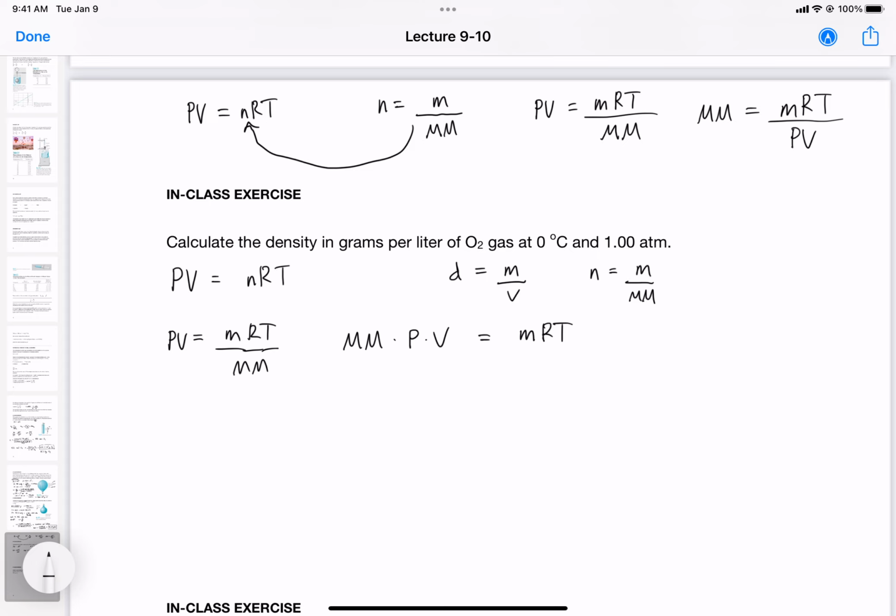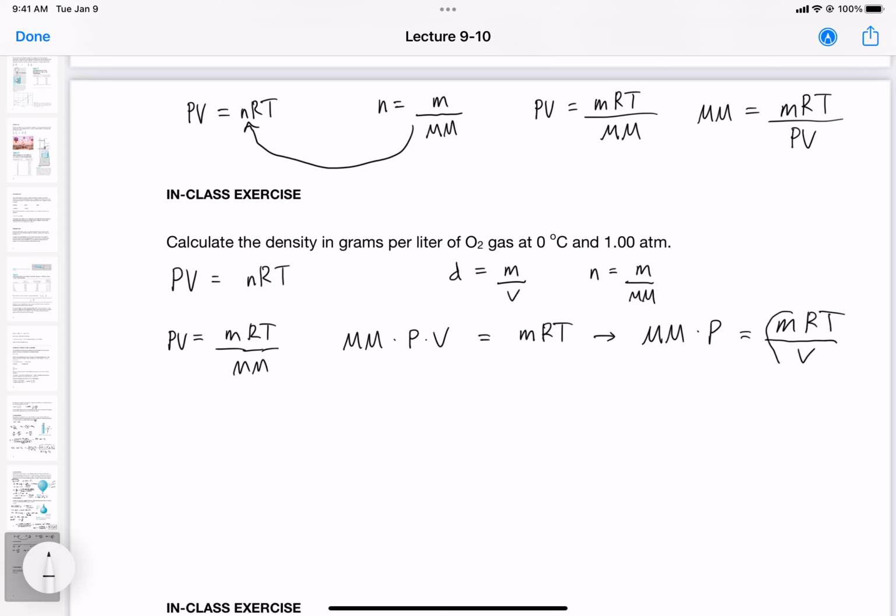Then we could divide both sides by the volume here, and we get M times P equals mRT over V. But you see here, this m over V is equal to density.